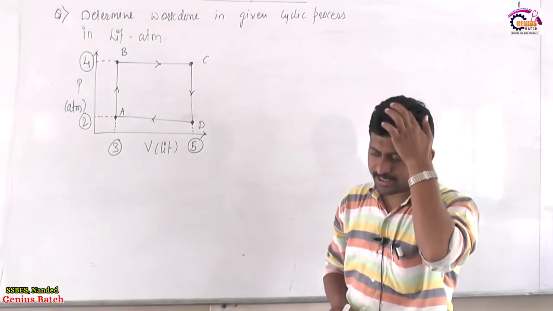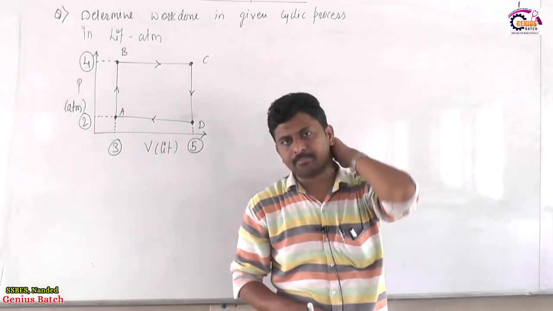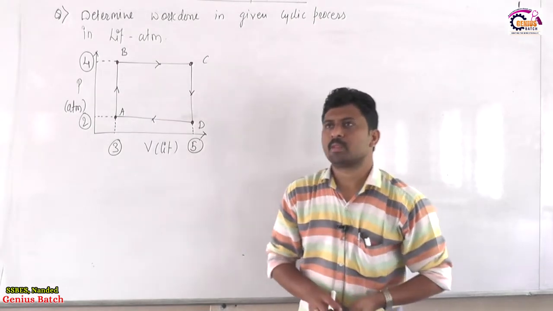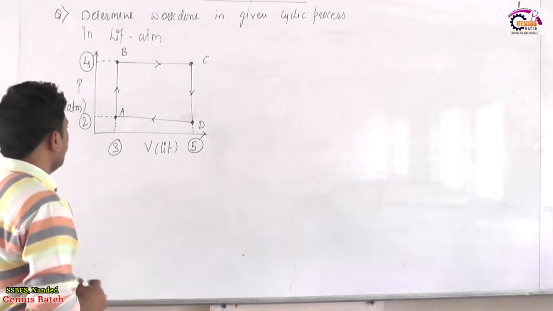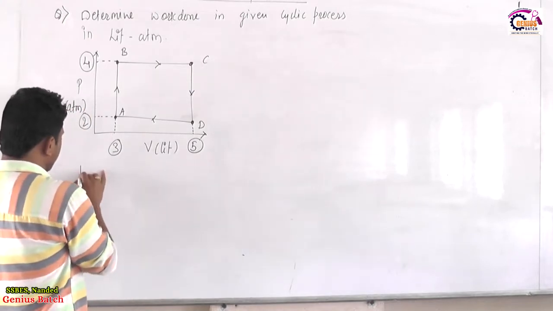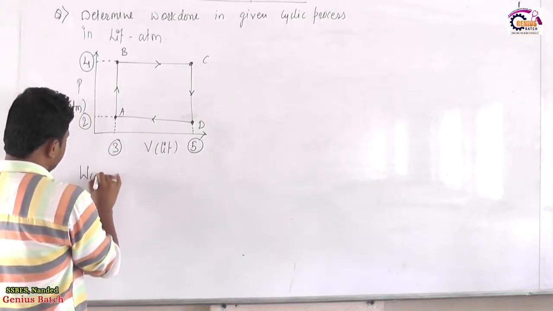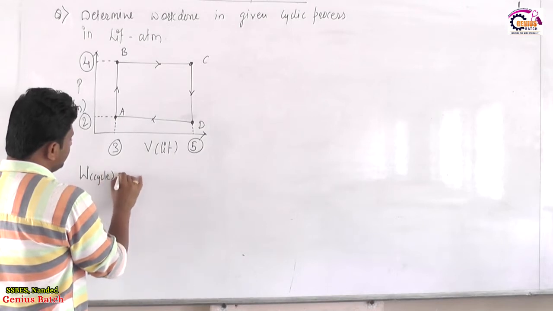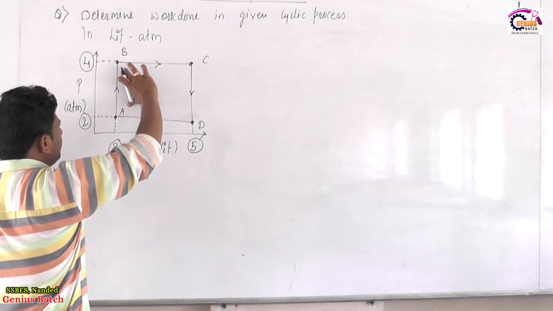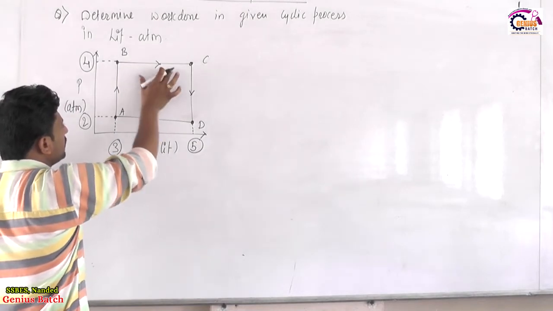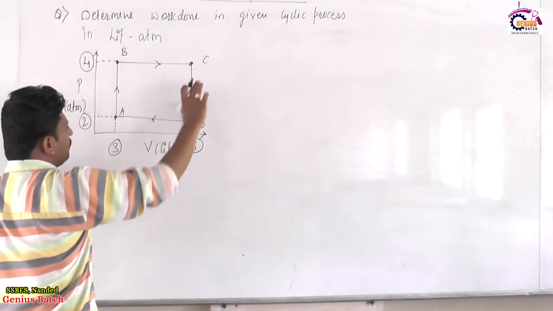The question is to find out the P delta V type of work done in it. Now when we consider a cyclic process, work done in the entire cycle will be equal to work done along AB plus BC plus CD plus DA.